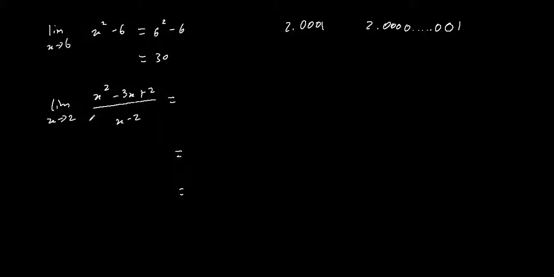If I sub that in, that's not exactly 2. But what happens if we get really, really close? What does this whole function become? This is the idea of limits, and this is where limits are useful. The way that we can evaluate this is, let's try factorizing the top.